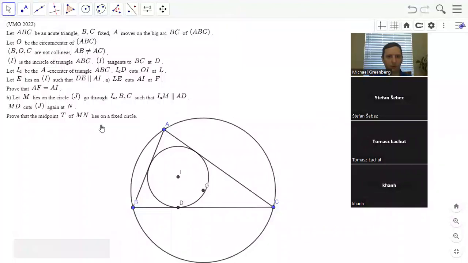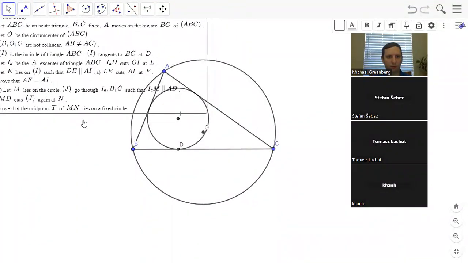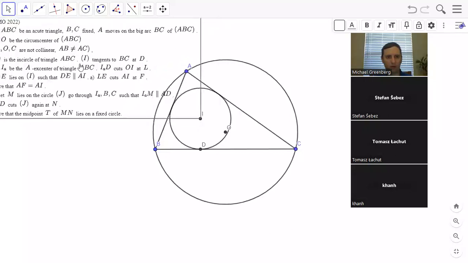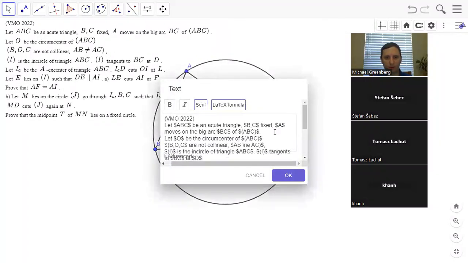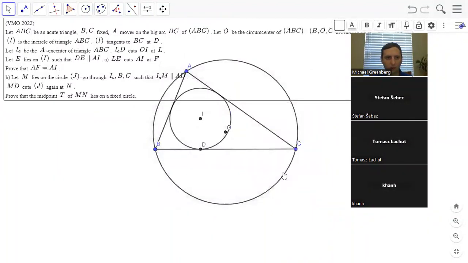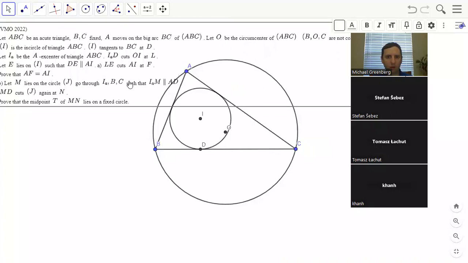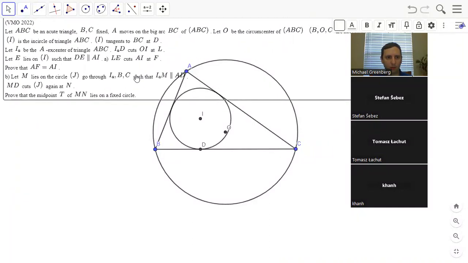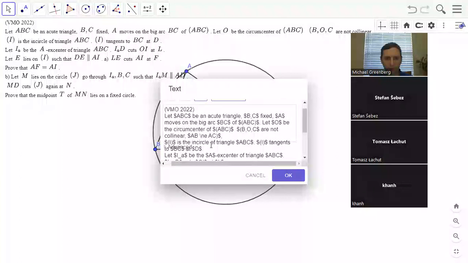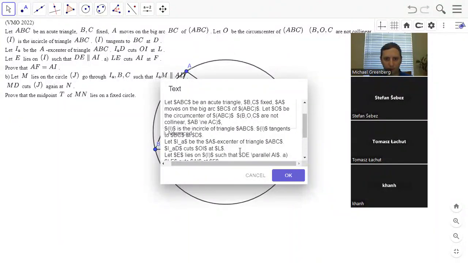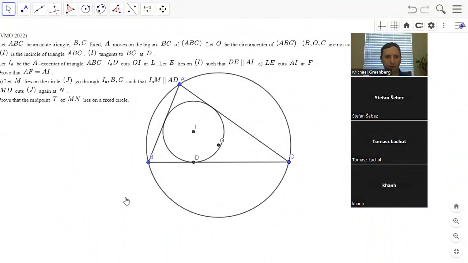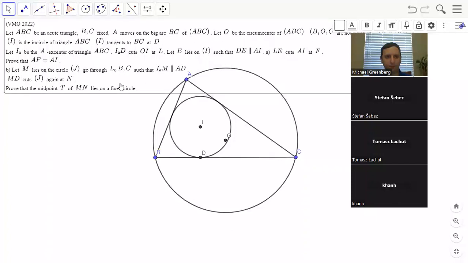So let's see, let's make some room for it. There we go. That's a little better. Okay.